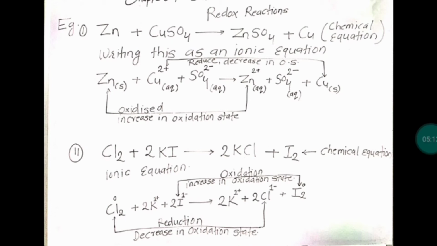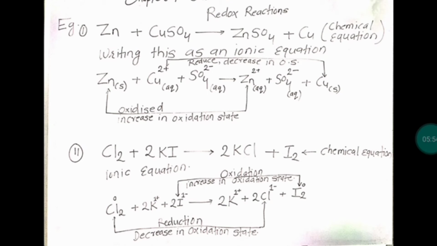First we have to write it in ionic equation form so that we can see the oxidation states, and based on that we can find out which atom is getting oxidized or reduced. Here Zn is in elemental form, so its oxidation state is 0. In copper sulfate, copper has +2 oxidation state and sulfate has -2, giving ZnSO4, which in compound form is Zn2+ and SO4 2-, and copper again is in elemental form.